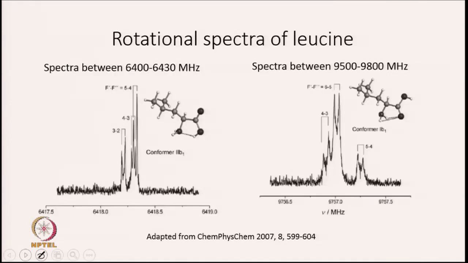Then they obtained the rotational spectra of leucine, and what they were able to find out is there are only 2 conformations populating the leucine in the sample, and that is 2B1 and 1B1.